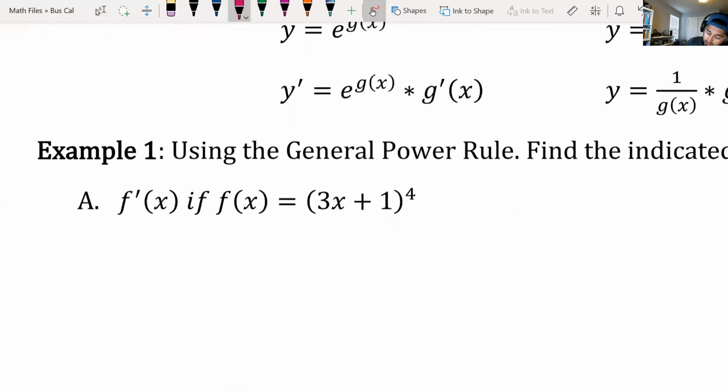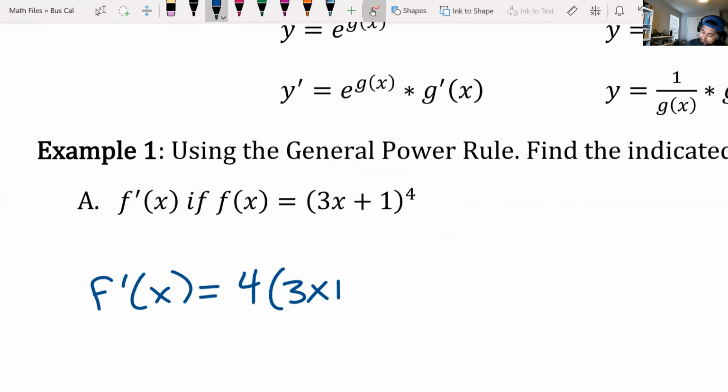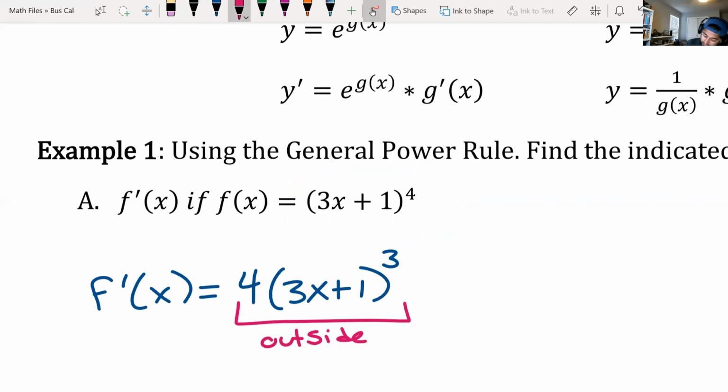For the first one, we want to know what is f prime of 3x plus 1 to the fourth. By the chain rule, that 4 comes down. The inside stays the same. My new power is 3. This was the derivative of the outside function. And now we are going to multiply it by the derivative of the inside.